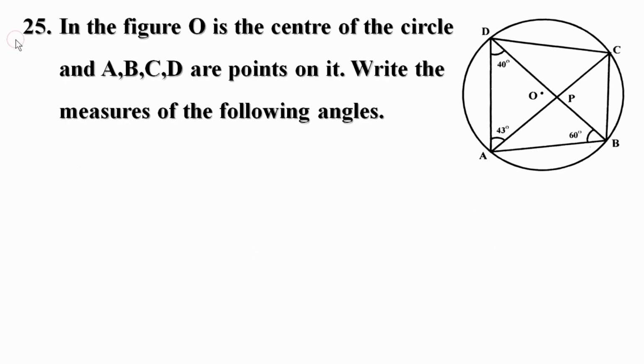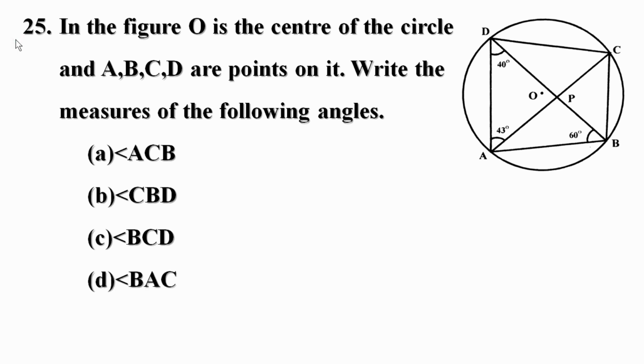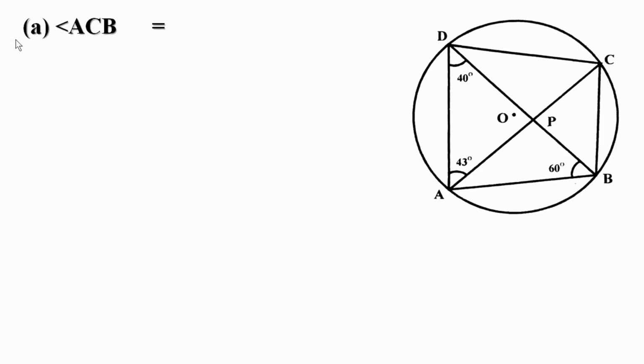25th problem. In the figure, O is the center of the circle and A, B, C, D are points on it. Write the measures of the following angles: angle ACD, angle CBD, angle BCD, angle BAC, and angle DBC. Let us find angle ACD. Look at the figure.